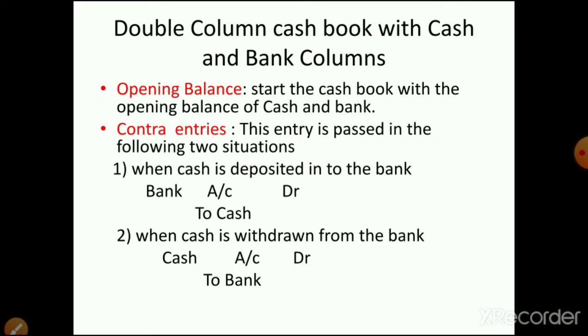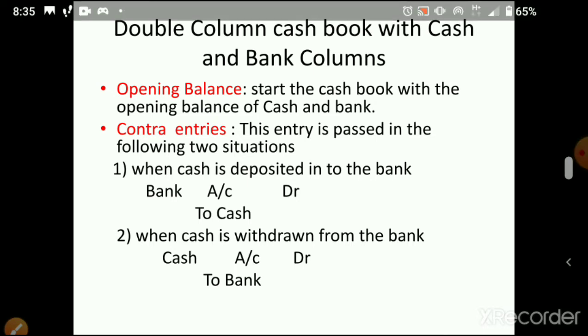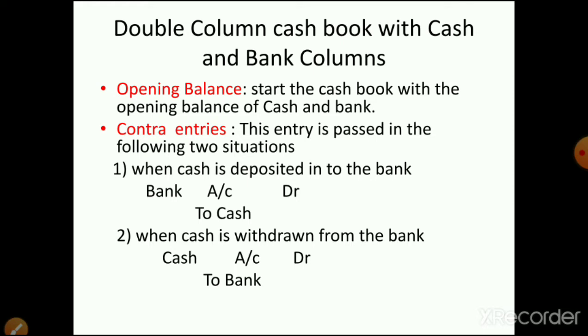Let's discuss how to start with the items, because in this cash book you have to go through different categories of items and how to treat them, since two columns are there, one for cash, another for bank. All bank related transactions you have to write in the bank column. If the bank received money for us, it will come on the receipt side, debit. If the bank has made payment on behalf of us, it will appear on the credit side.